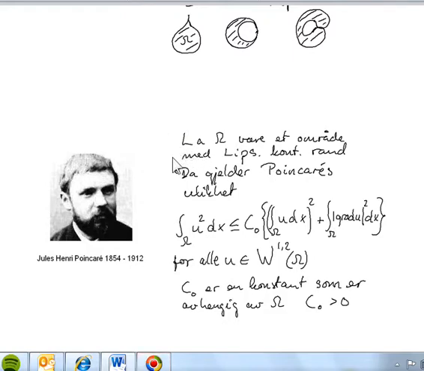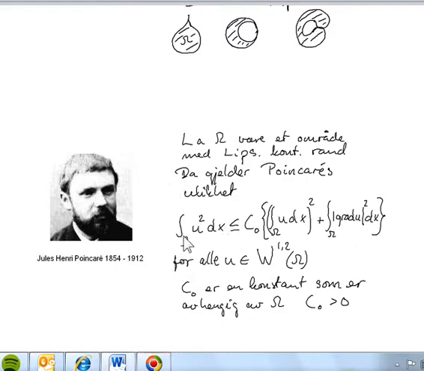Now we are going to turn to the so-called Poincare inequality. In order to understand the Poincare inequality, we must have a picture of what Lipschitz continuous boundary means. So let omega be a domain, an open bounded set with Lipschitz continuous boundary, and the Poincare inequality holds.